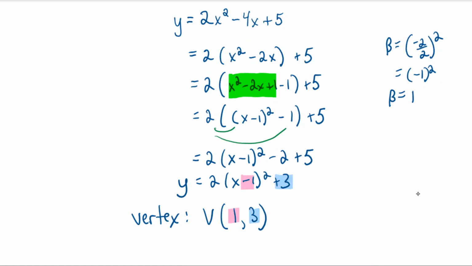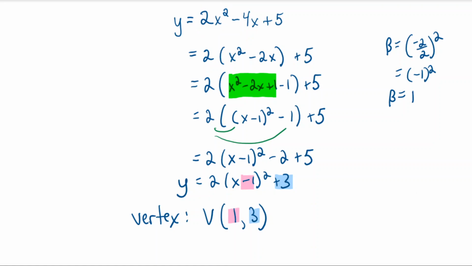Now, this was not factorable. So we also notice that our vertex here is above the x-axis, and we can see that it's concave up because this is a +2 in front of the x squared.